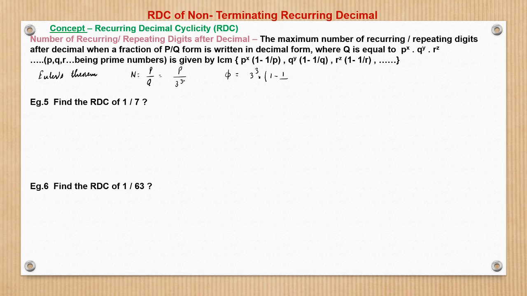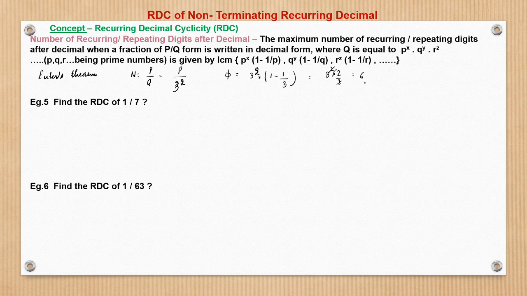Let's make it 3 square. So it becomes 3 square into 1 minus 1 upon 3. 3 is a prime number, and q is in the form of a prime number raised to some integer power. So here it becomes 3 square into 2 by 3, which gives 6. So 6 is the cyclicity.